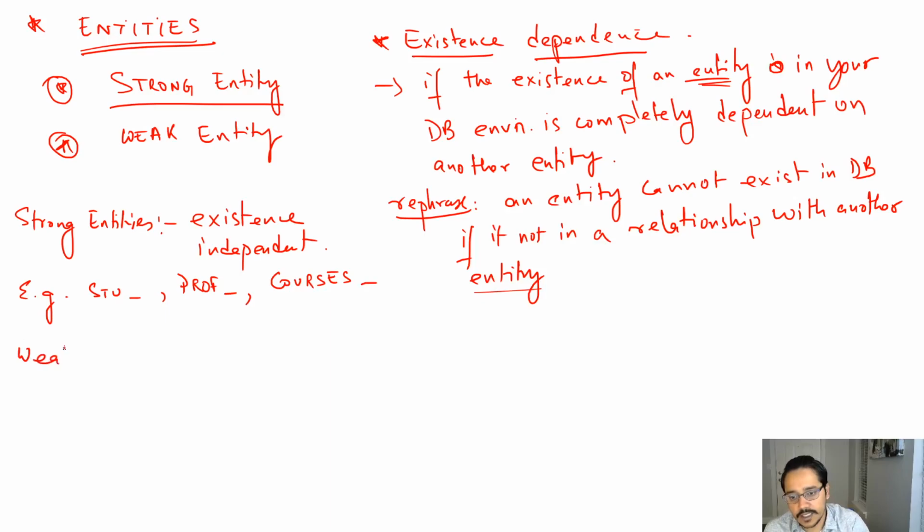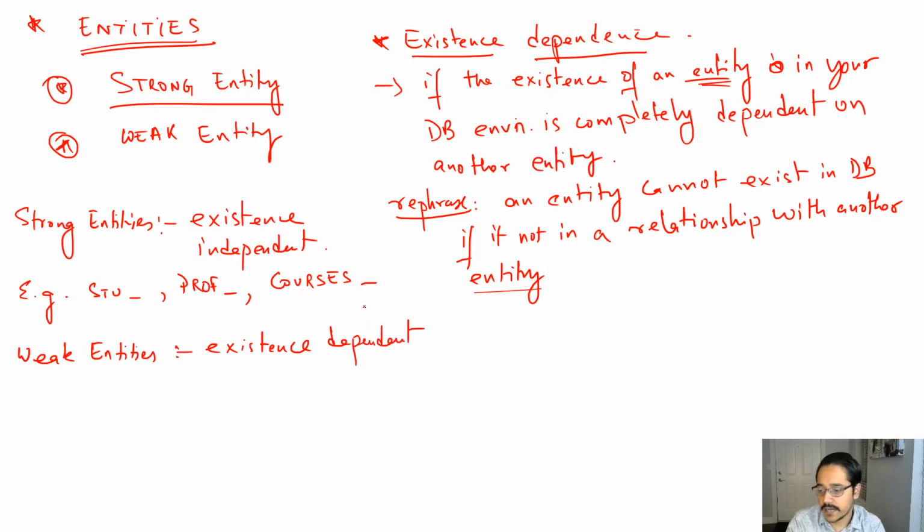And then weak entities are entities which are existence dependent. What that means is that they can only exist in the database if they are in a relationship with another entity.